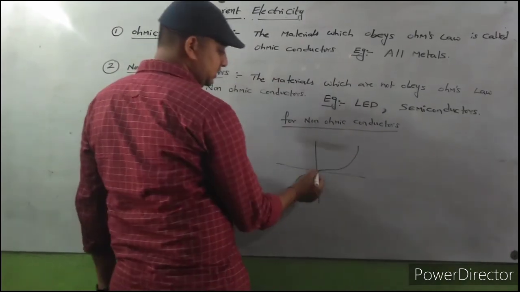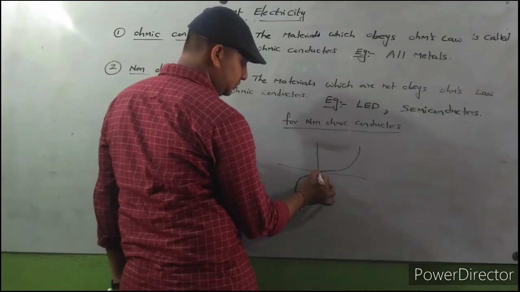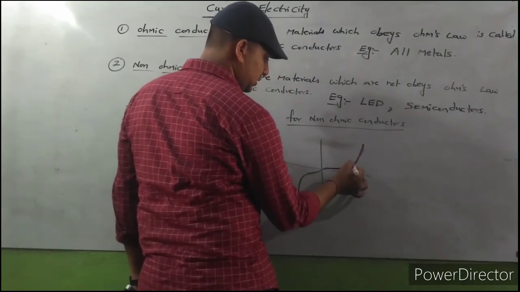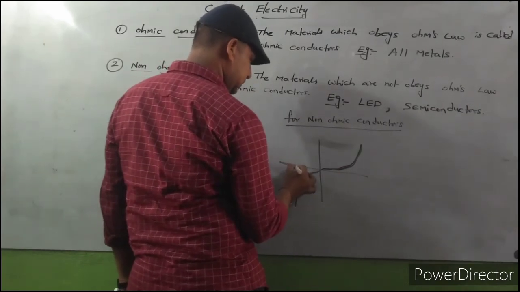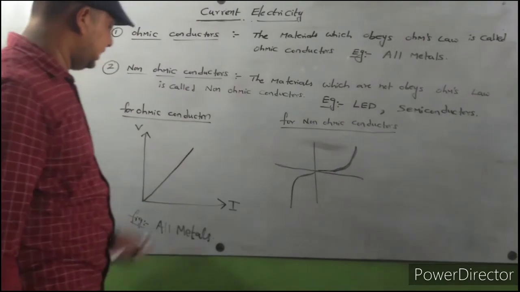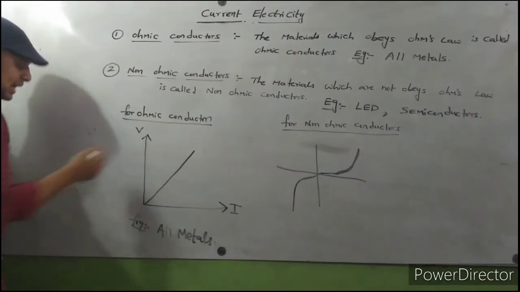Observe. This graph does not satisfy Ohm's law, whereas the earlier graph satisfies Ohm's law because it is a straight line.